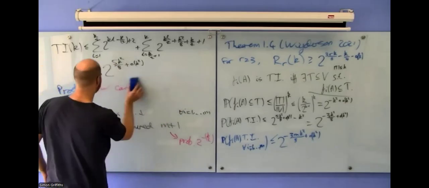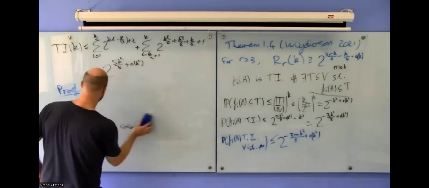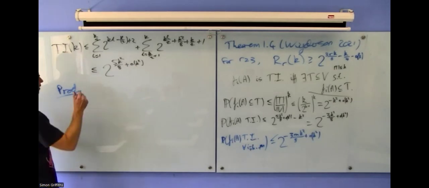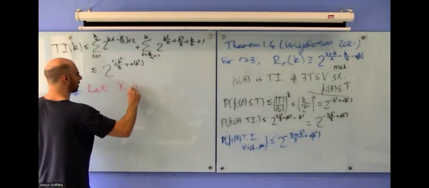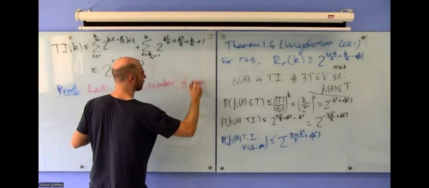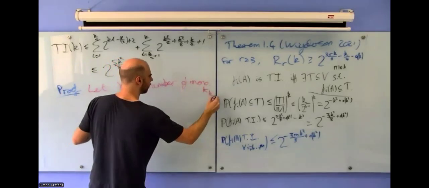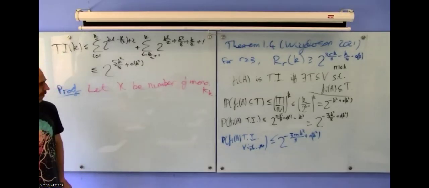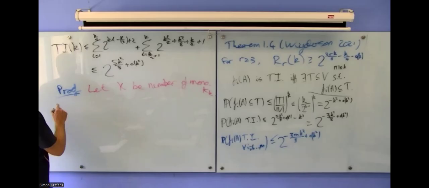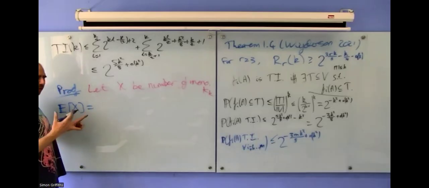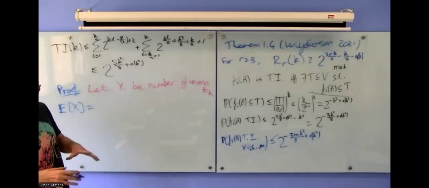So as usual, we have a random variable to count the bad things that happen. Let X be the number of monochromatic K-cliques. We've already said we will only find them in colors m+1 and m+2. And then let's do the expected value calculation. You need to think of any set in A where this could occur.